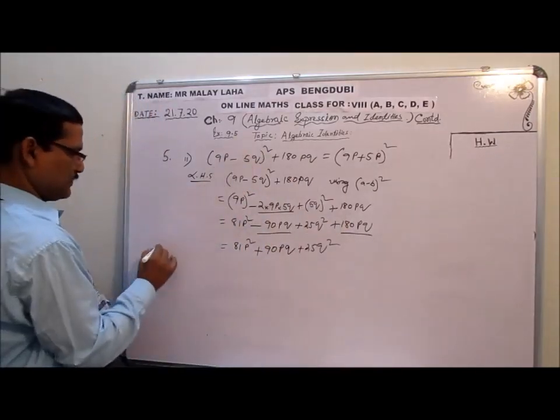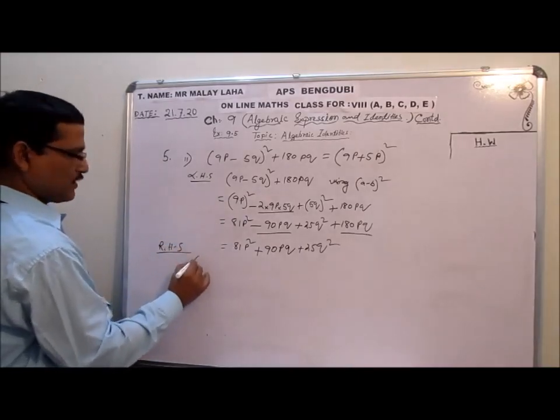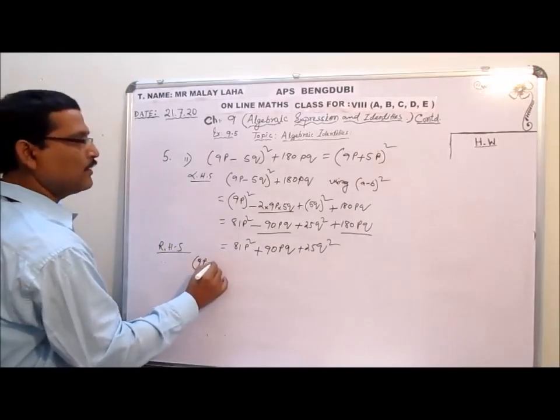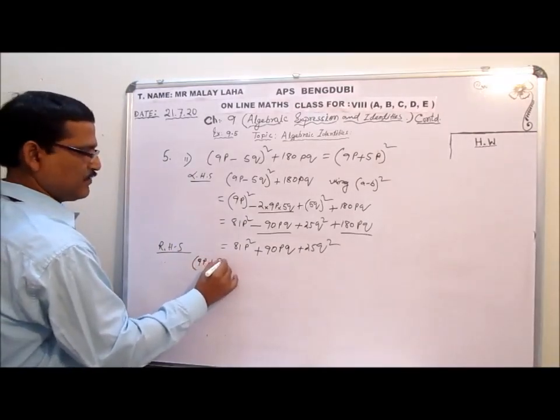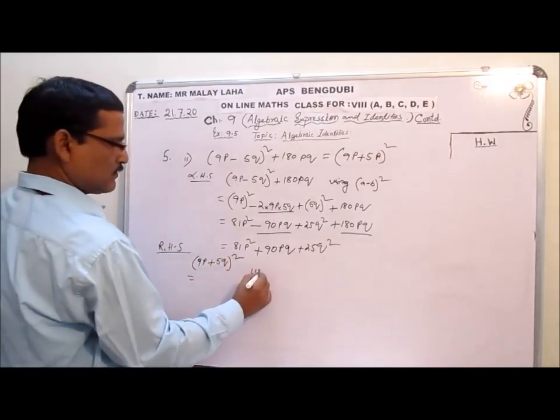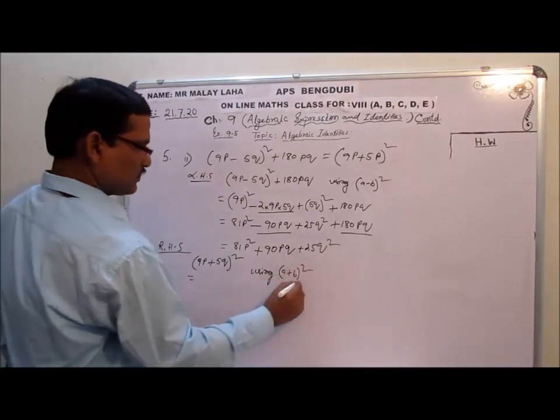Taking RHS, okay, (9p plus 5q) whole square, using (a plus b) whole square.